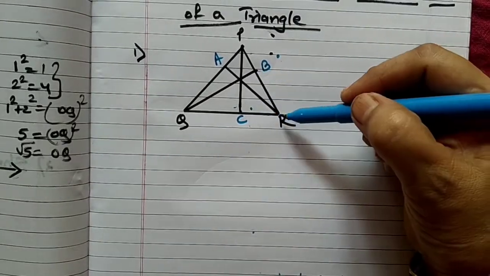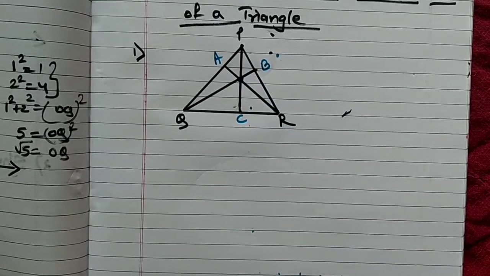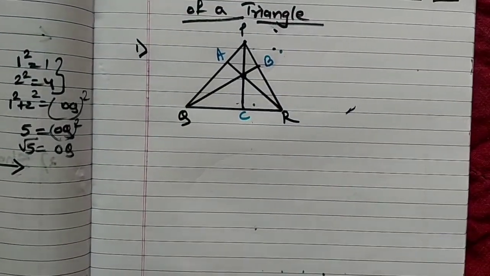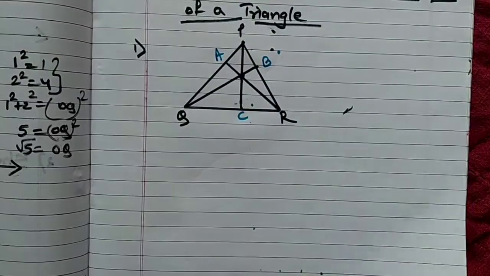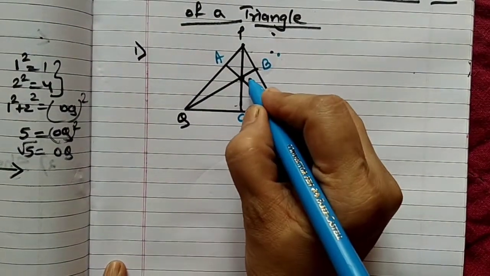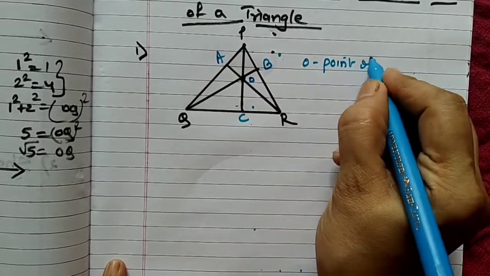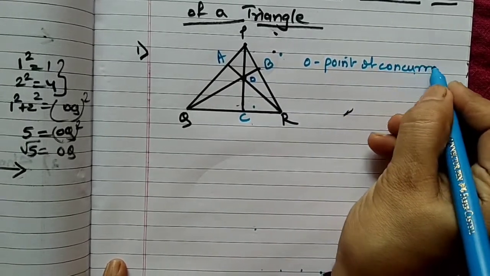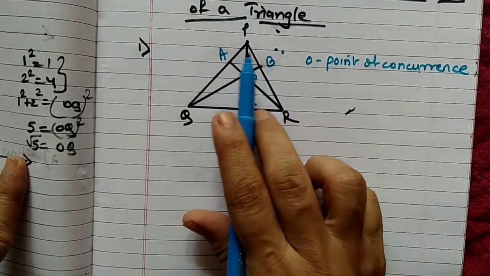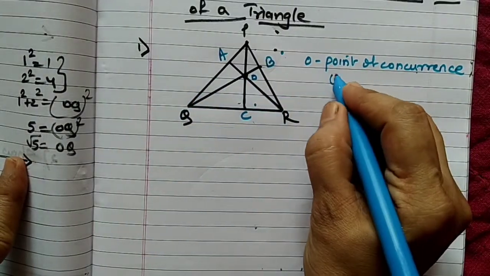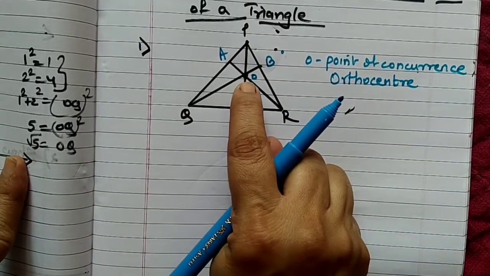The three altitudes are RA, QB and PC, and they are meeting at this point, and they have asked us to name the point of concurrence as O. So write O is a point of concurrence. And what is this point of concurrence known as for the altitudes? It is known as the orthocenter. So remember that this is the orthocenter.